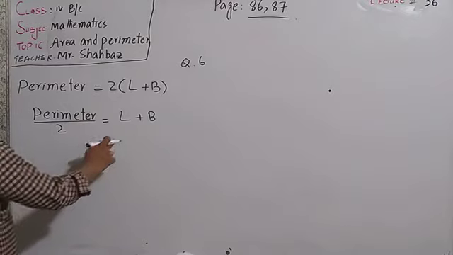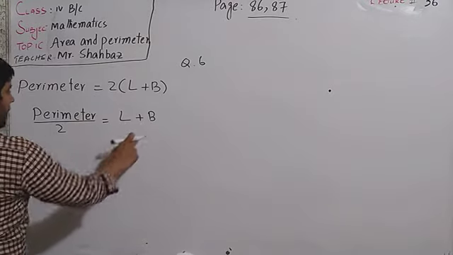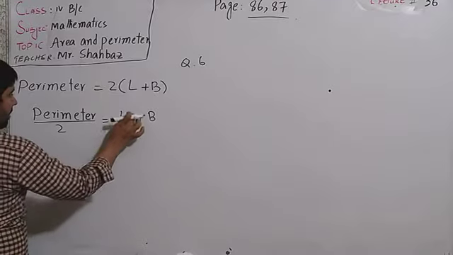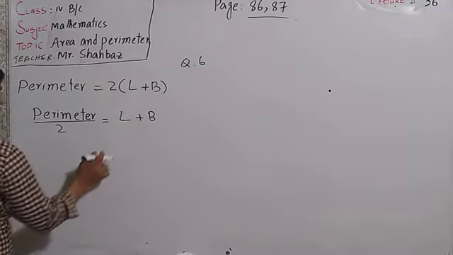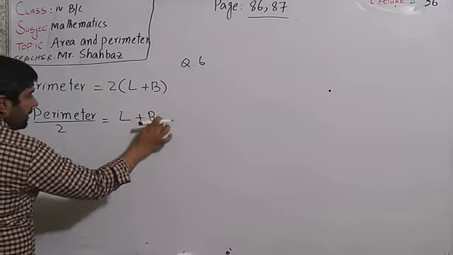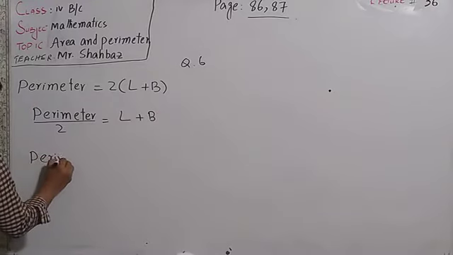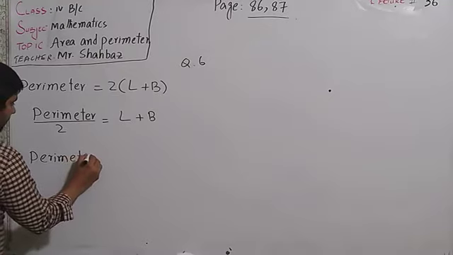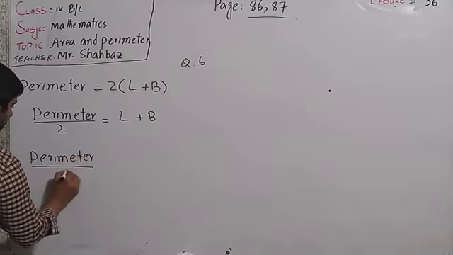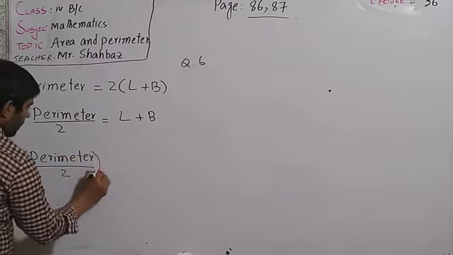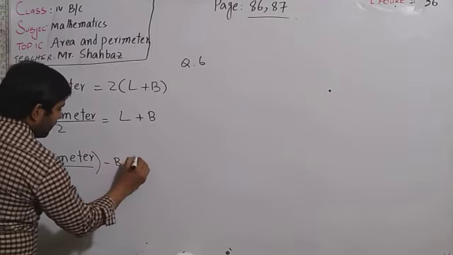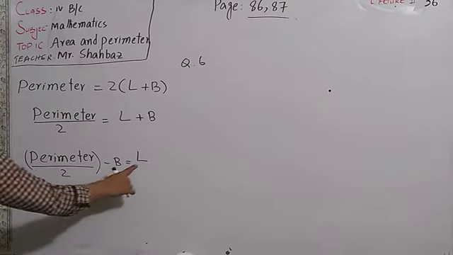So if we want to find length or breadth, let's suppose I want to find the length. Breadth is plus, here it will be minus. This will be as it is: perimeter over 2 minus breadth. This is the formula of length.